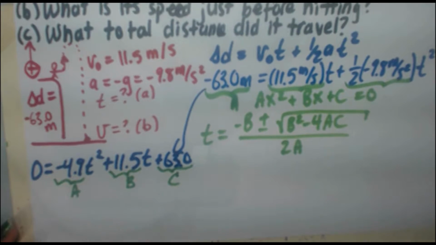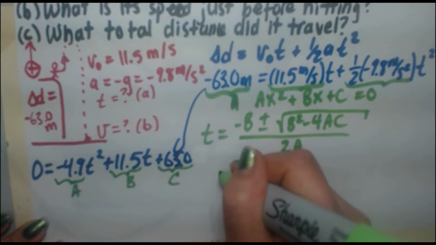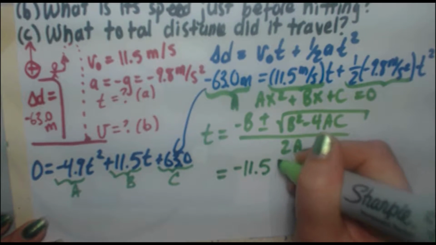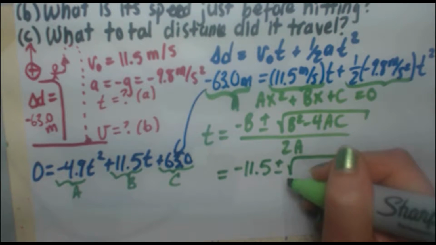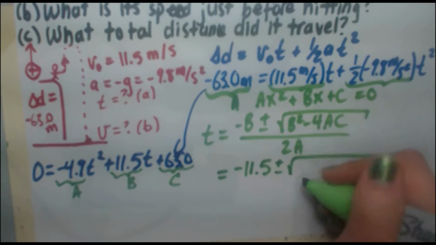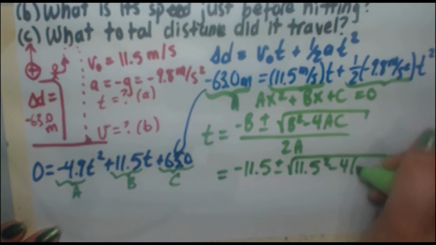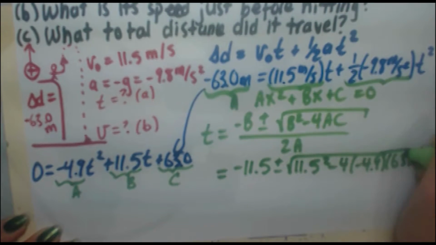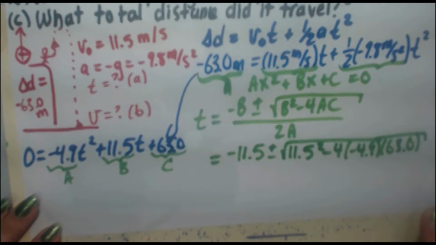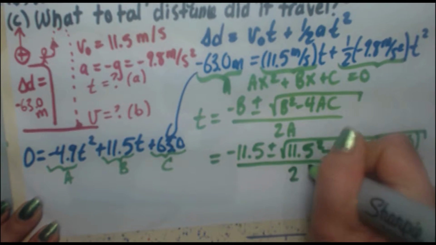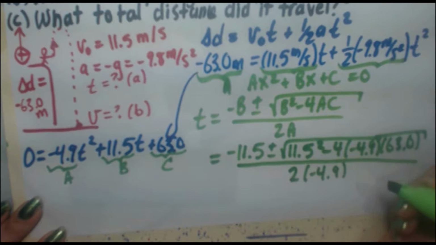So obviously you plug in your numbers. Why don't we just go ahead and do that? I'll do the first step for you guys, and then the rest, honestly, is just entering it in your calculator. Minus 11.5 plus or minus, it's the plus or minus that gives you the two roots, the two possible answers. 11.5 squared minus 4 times negative 4.9 times 63, divided by 2 times negative 4.9.